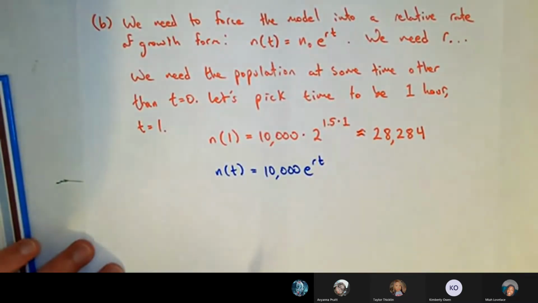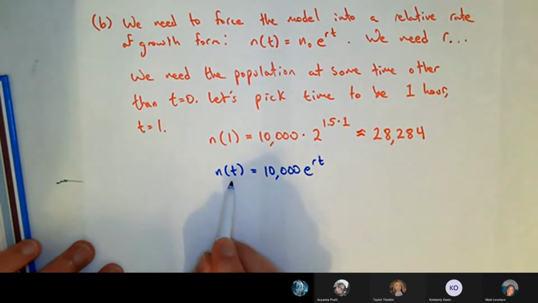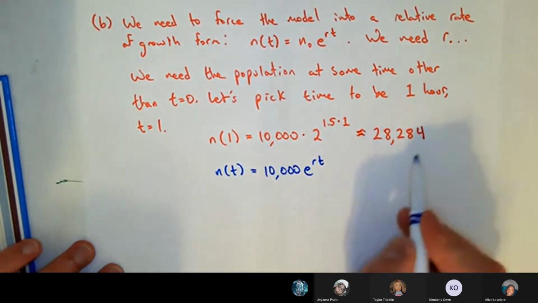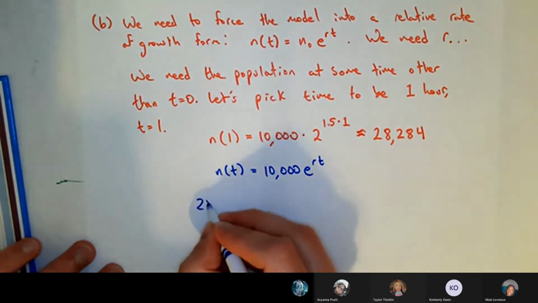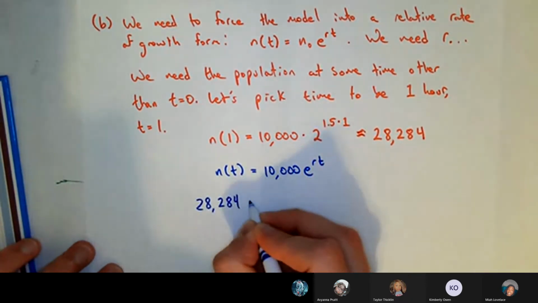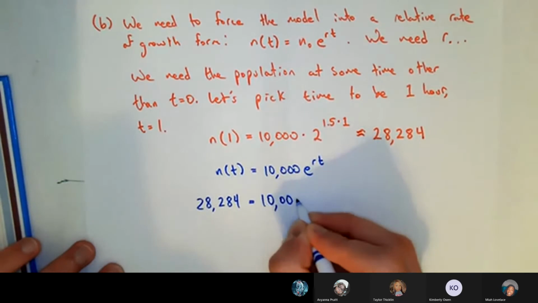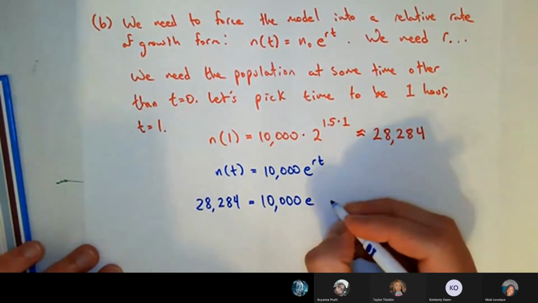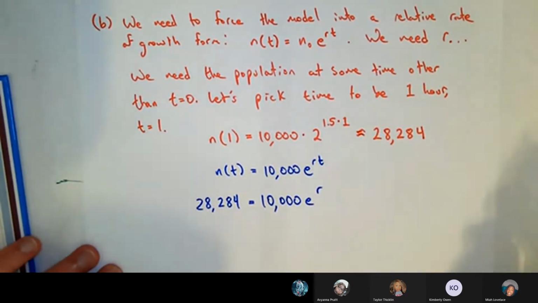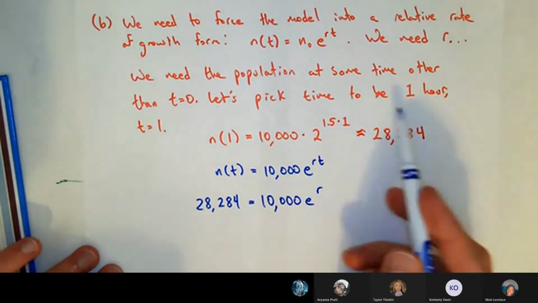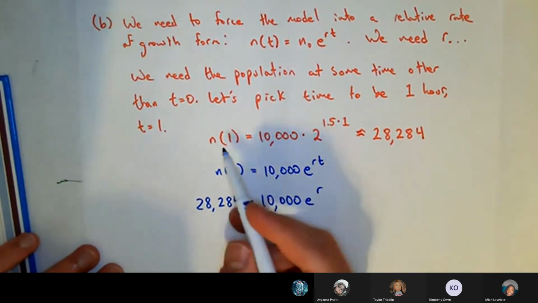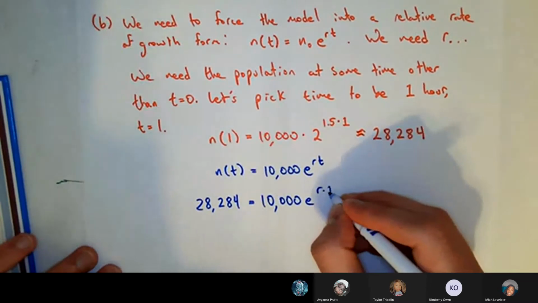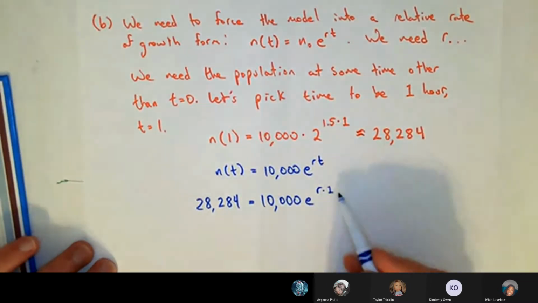We're about to solve for r. I know that at 1 hour, this should end up being 28,284. So I'm going to say 28,284 should be equal to, these models should tell us the same thing, right? 10,000 e to the r, and then at what time did this population happen? At 1 hour. So I say times 1. t is equal to 1.